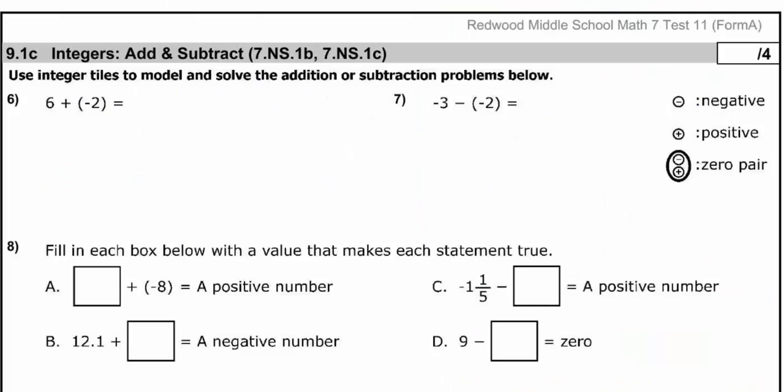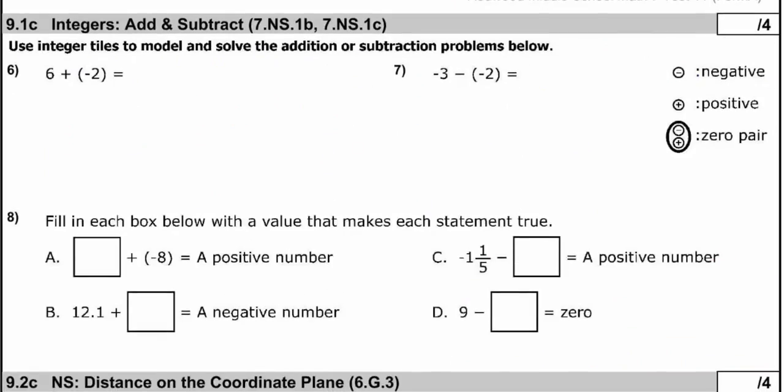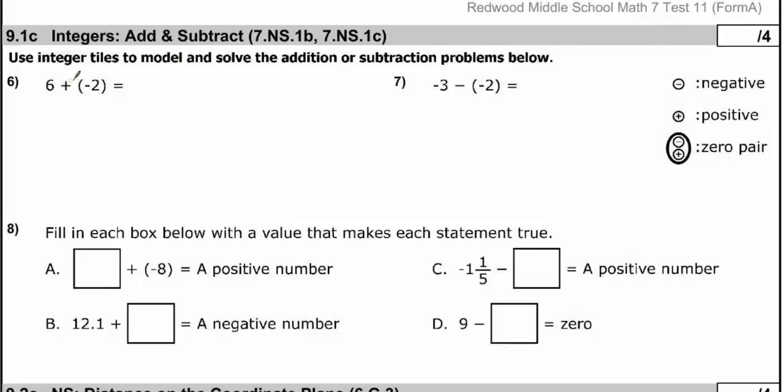So now we've got our tiles, and we're doing addition. Remember, we talked here about how you have to show the tiles. So here are our 6 positives, 1, 2, 3, 4, 5, 6. We're adding 2 negatives.